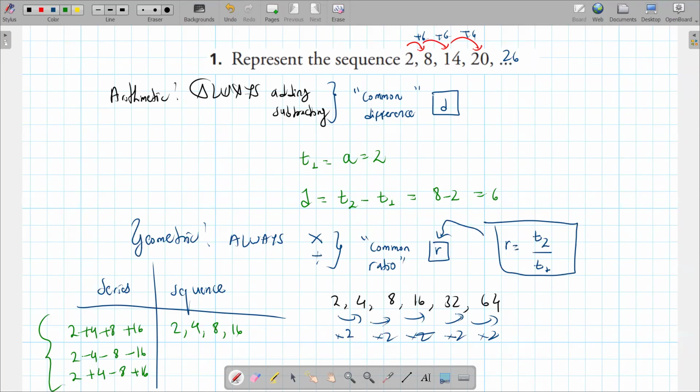The terms are connected using a plus or a minus sign. A sequence is essentially a pattern of numbers separated by commas. Or you can call it a set of numbers.